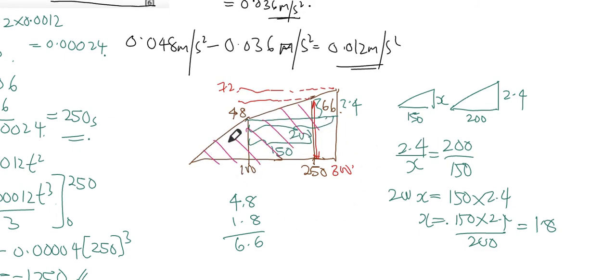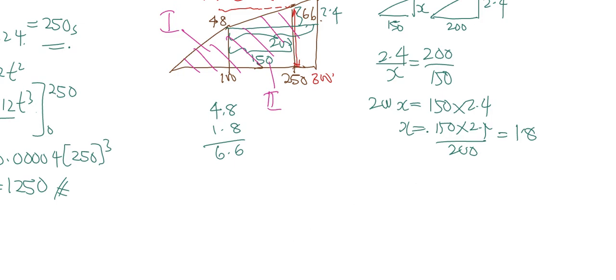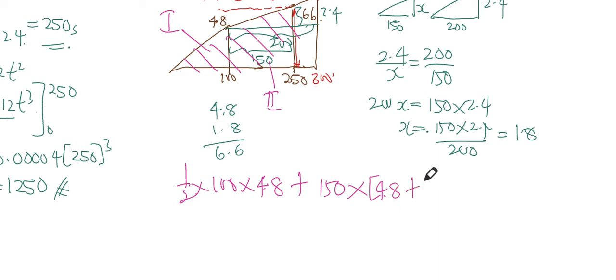Let's pick part 1 and then part 2. Part 1 is a triangle, so it's half times base 100 times height 4.8, plus part 2, a trapezium. The difference here is 250 minus 100, which is 150, times a plus b, 4.8 plus 6.6, times half. Add all of them.